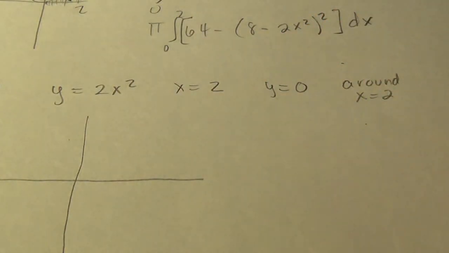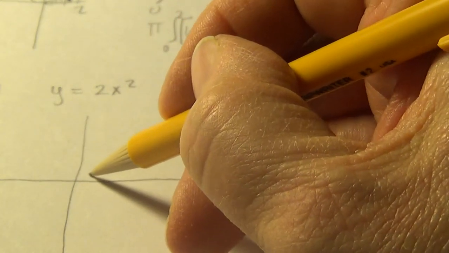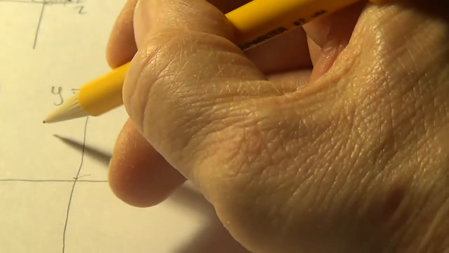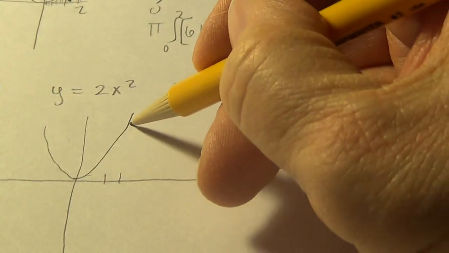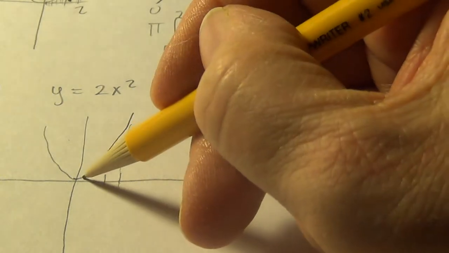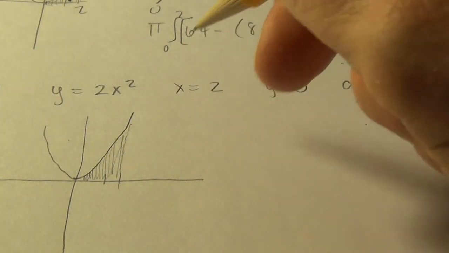All right, 12D. What am I looking at? Okay, it will look quite a bit different, be easier to draw. So we had the skinny parabola, the line x equals 2, and the x-axis, and it's going to go around x equals 2.